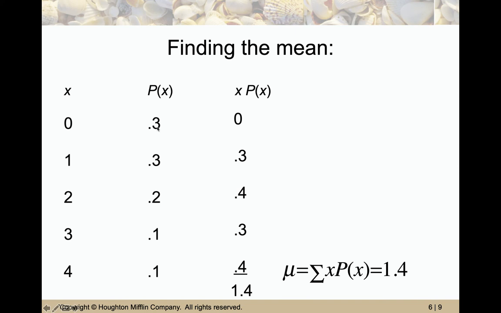We already did the appropriate division when we came up with the probabilities. These are going to weigh each of these outcomes appropriately. So you just multiply the outcome times its likelihood, and then you add all that up and you're done. So the mean in this case is 1.4. We have to know the mean to find the standard deviation.